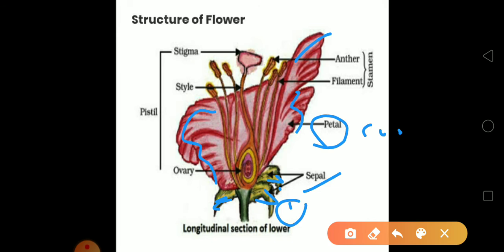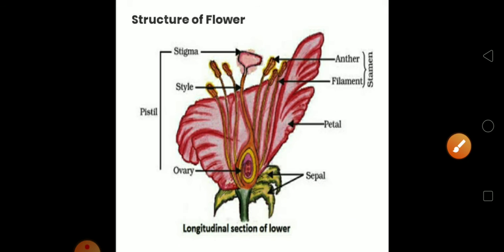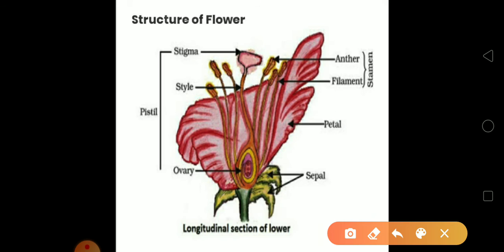Third one is androecium. Androecium is the collection of stamens, the male reproductive organ of the flower. Each stamen consists of anther and filament.